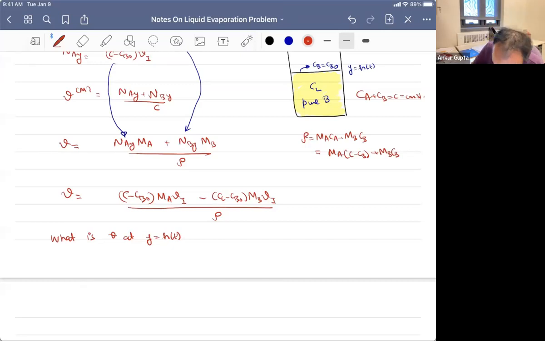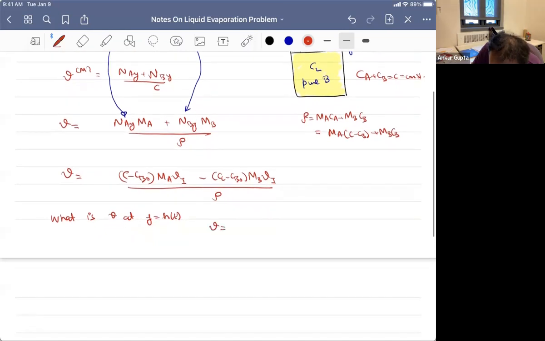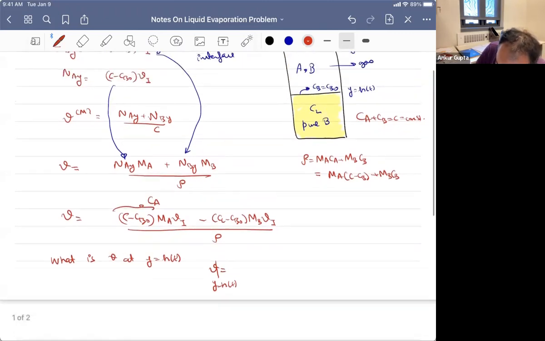Another way to write this velocity V is this. At y equal to h of t, c minus CB naught is my concentration of A at this particular location, and this is CB naught. So CA is c minus CB naught, because CA plus CB is equal to small c, as we have discussed in the class.